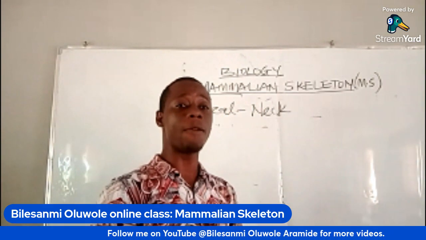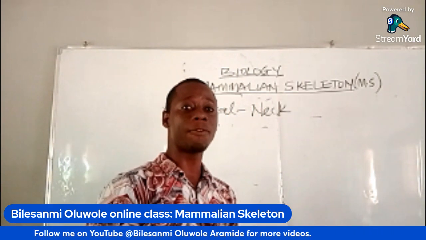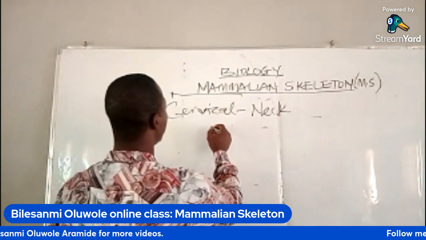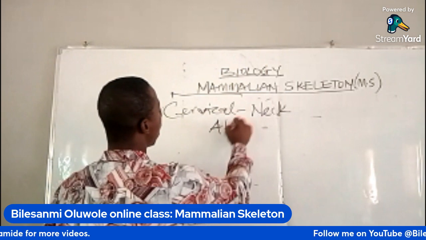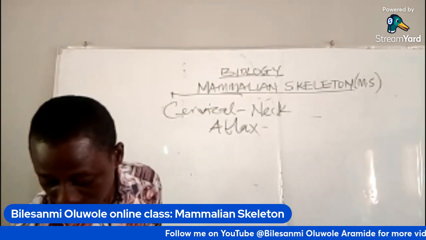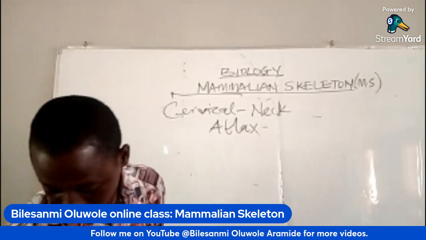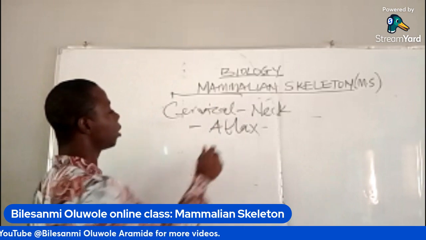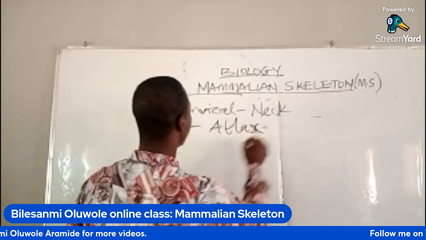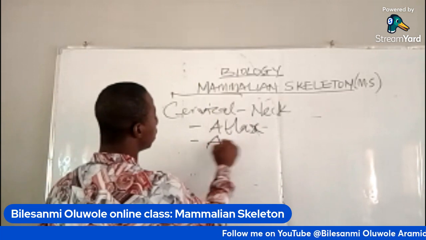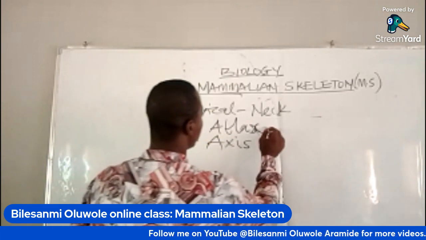They are different from others. The first cervical vertebra is called the atlas vertebra, while the second one is called the axis vertebra.